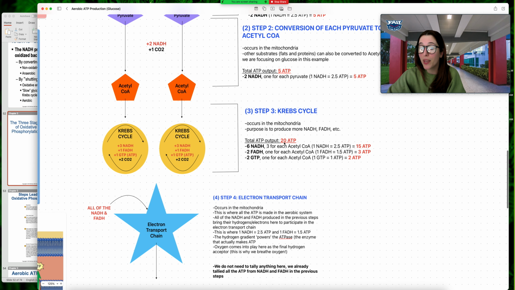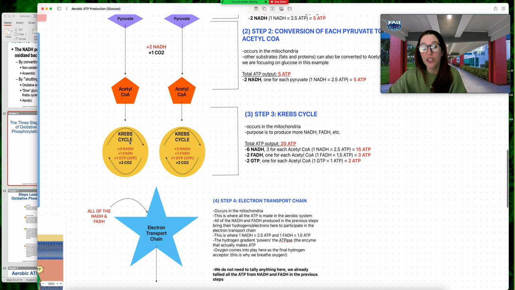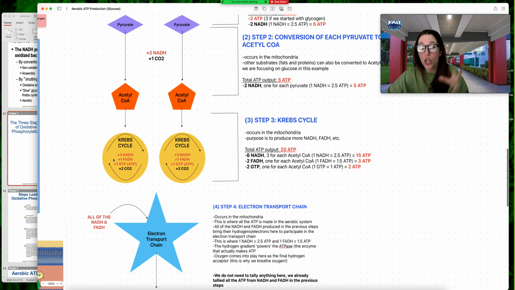Step 3, we made a total of 20 ATPs. We made 6 total NADH, 2 total FADH, 2 total GTPs, which are ATPs, and some carbon dioxide, but we don't care, right? So all of those things tallied up end up giving us a total of 20 ATPs.